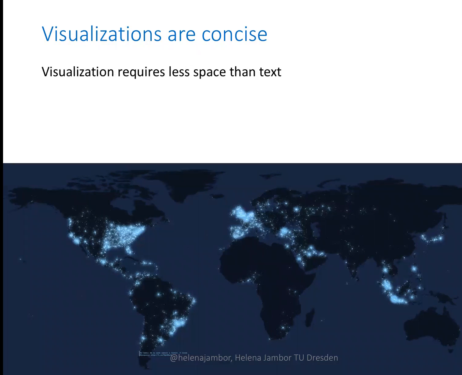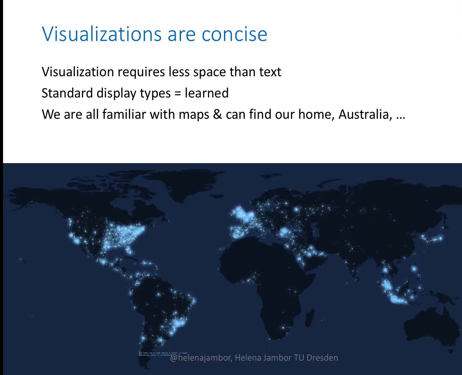So typically visualizations require a lot less space than text. And what also makes them concise and fast is that in this case, standard display types have been learned. The display type that we are all familiar with since school is a map of the world. So we can probably pinpoint very quickly our own home.